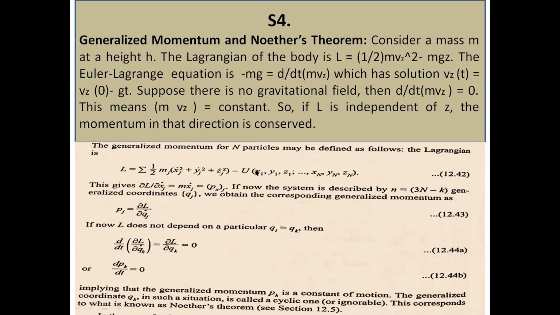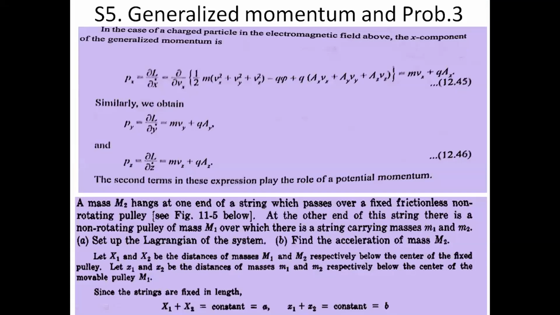With this, we go to the 8th slide, which is numbered S5. Is it fine? Yeah, fine. From the definition, Pz equals ∂L/∂ż, Py equals ∂L/∂ẏ, Px equals ∂L/∂ẋ.